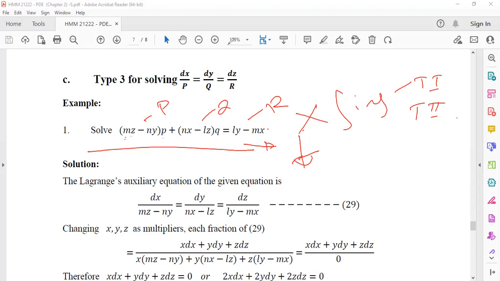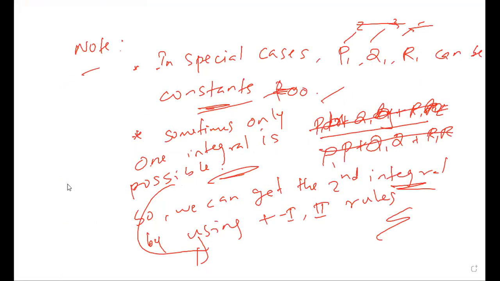So write down just the question. The question says: mz minus ny of P plus nx minus lz of Q, which is equal to ly minus mx. Okay, so let's solve.